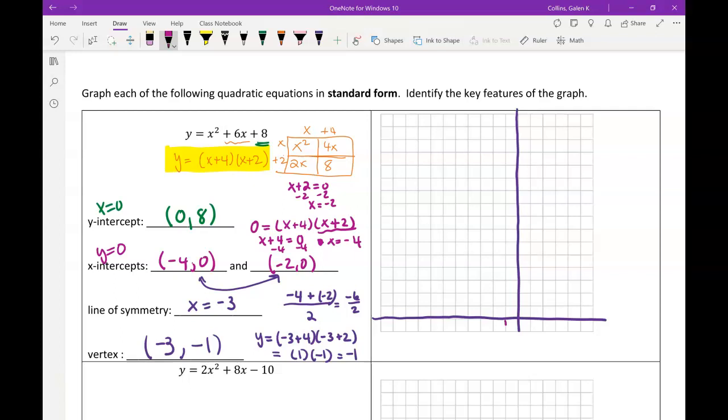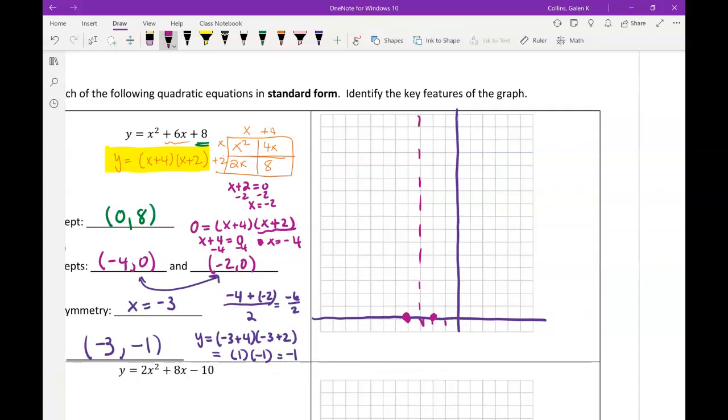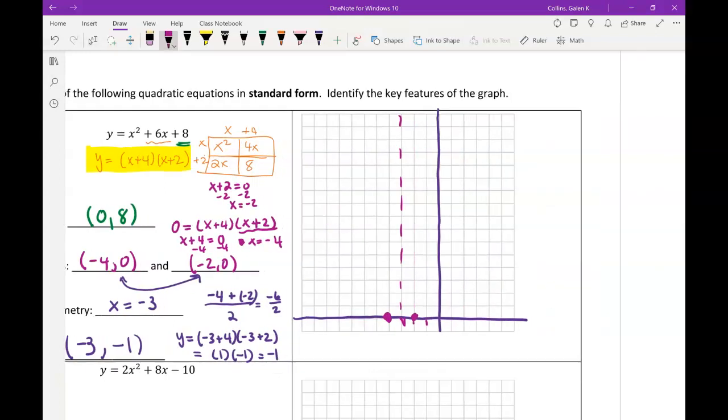So if I go out 1, 2, 3, 4 at negative 4, oh, this pen's driving me crazy. That's going to be one of my x-intercepts. The other one is at negative 2, and we said our line of symmetry is right here at x equals negative 3. Sometimes it helps me to draw that line of symmetry in.